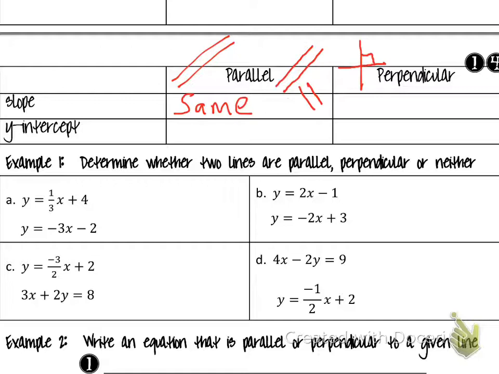Perpendicular lines, they're opposite. And they are reciprocals of each other.